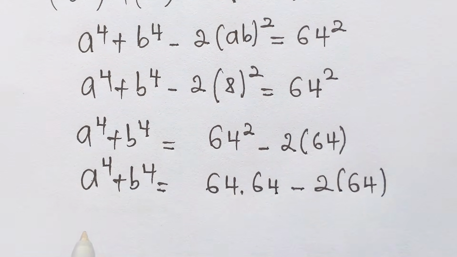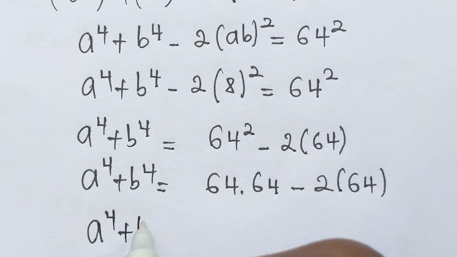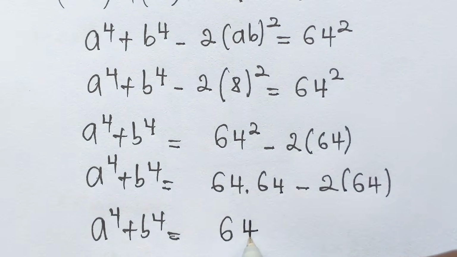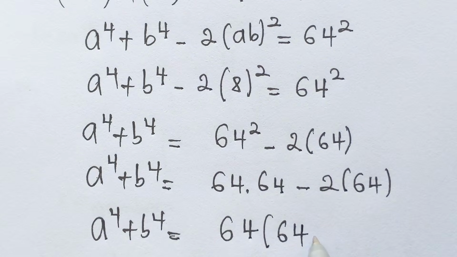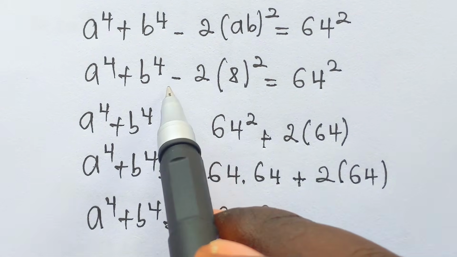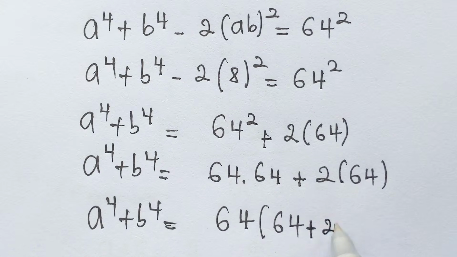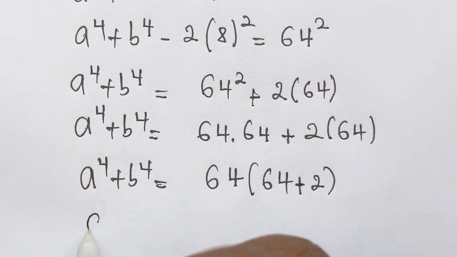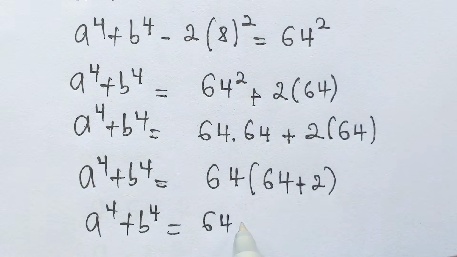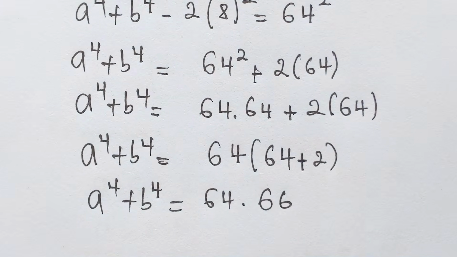If we factorize 64, we shall get 64 times 64 minus 2. Then at this stage we have plus, because it has changed position, plus 2. So a power 4 plus b power 4 will be 64 times 66.